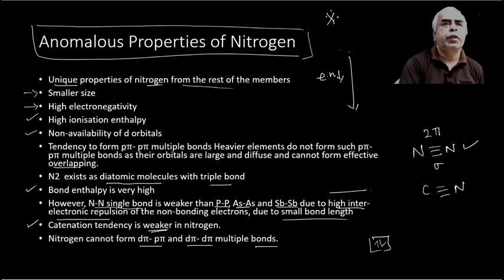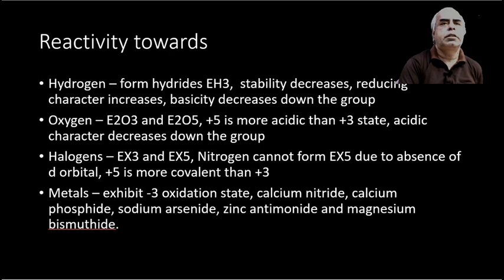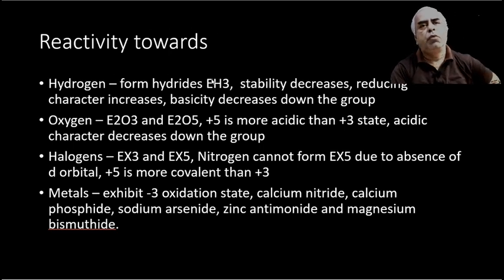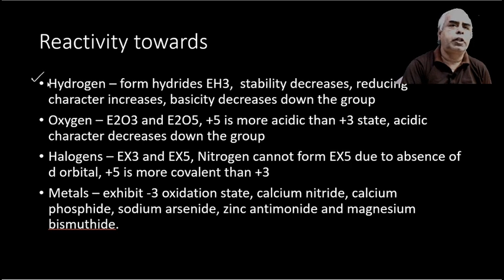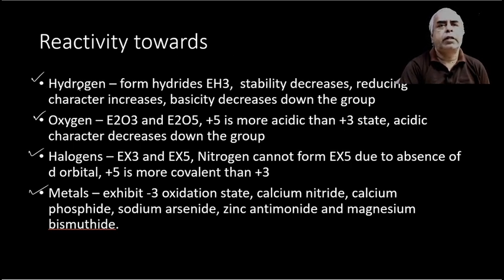Right. Then let us discuss the reactivity towards various elements like hydrogen, oxygen, halogens, metals. All these elements of the nitrogen family can react with hydrogen to form the respective hydrides. For example, EH3, where E represents the element, that is nitrogen, phosphorus, arsenic, antimony, and bismuth.